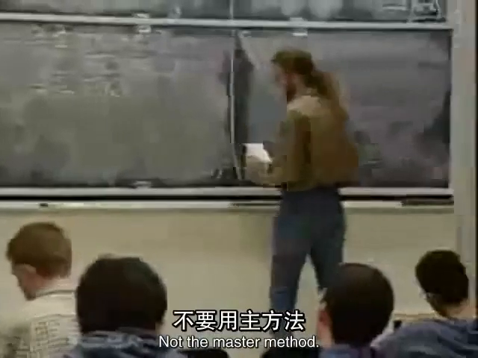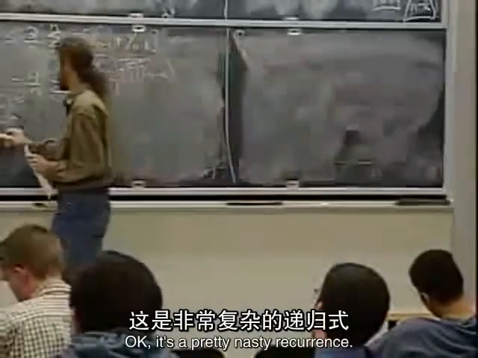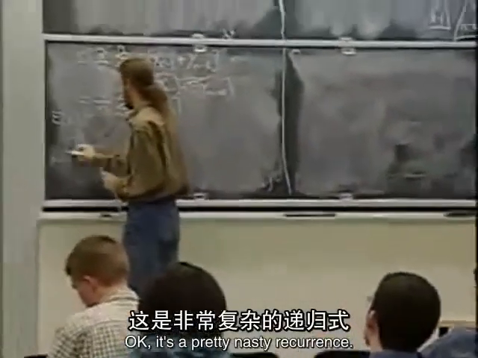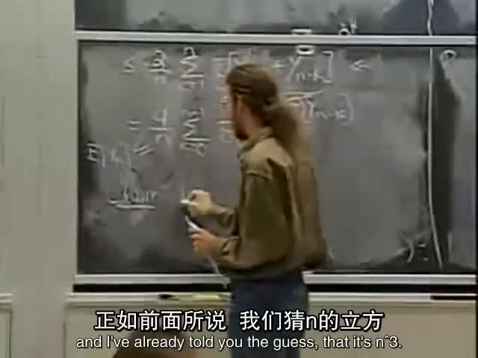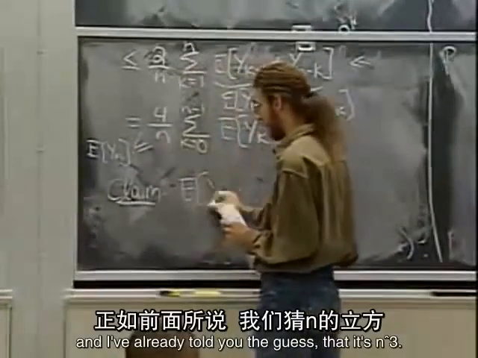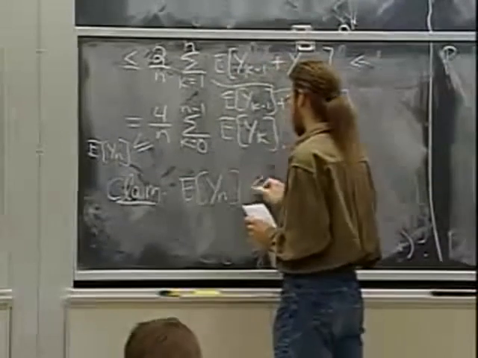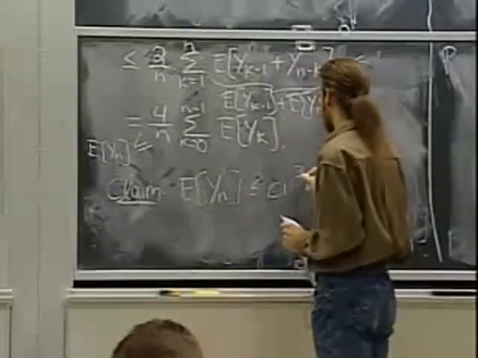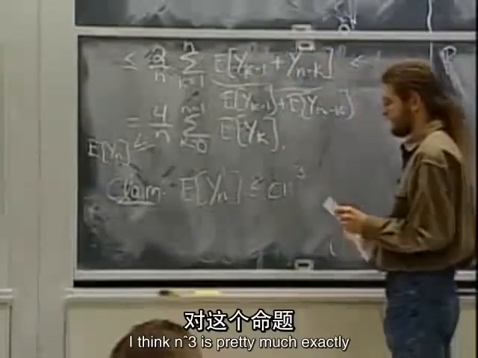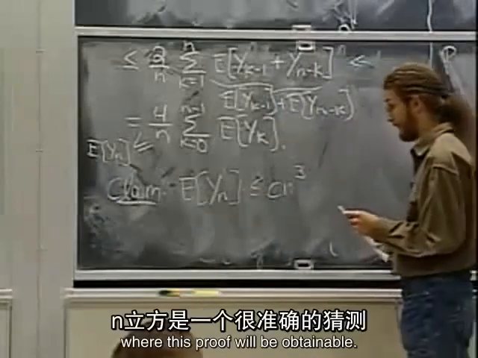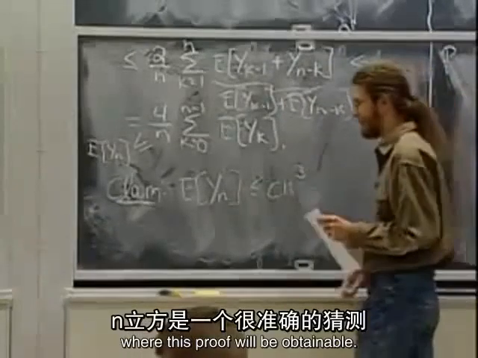Not the master method. It's a pretty nasty recurrence. So I'm going to make a guess, and I've already told you the guess, that it's n cubed. I think n cubed is pretty much exactly where this proof will be obtainable.